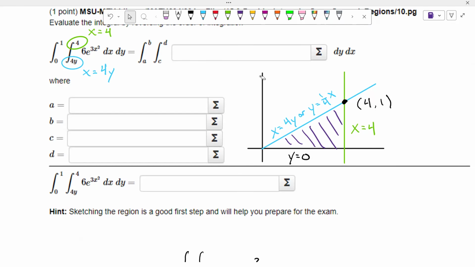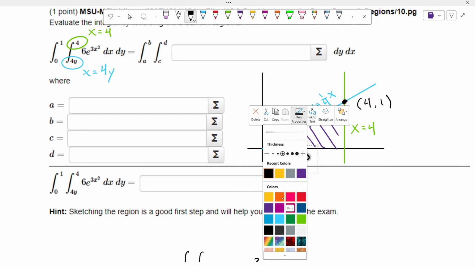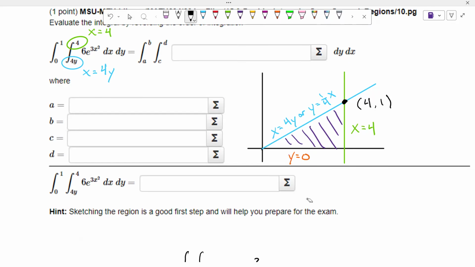So I need a bottom equation, I need a top equation. And the bottom one, it's y equals 0. That was this part right down there. And the top limit should be the blue line.